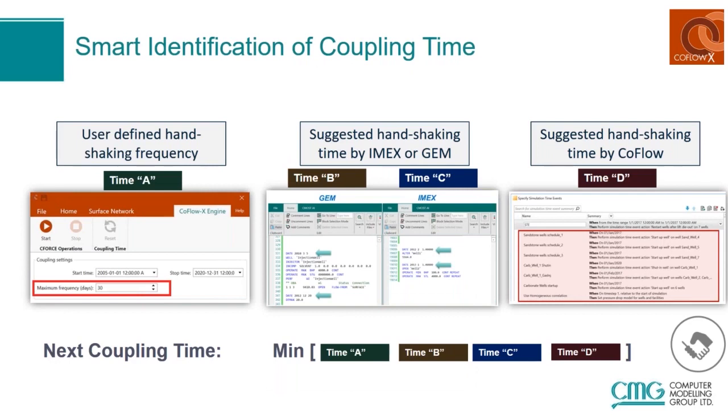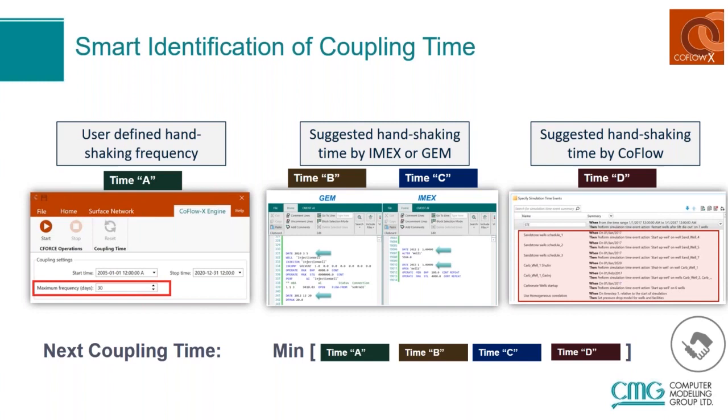It looks at the user-defined handshaking frequency, the picture on the left side, that's coming from Coflow X. The picture in the middle is showing the suggestion of this coupling or handshaking time made by IMEX and GEM, depending on the events happening during the simulation. And the picture on the right is showing the suggested handshaking time by Coflow, depending upon the events that are happening inside Coflow, inside the production system.